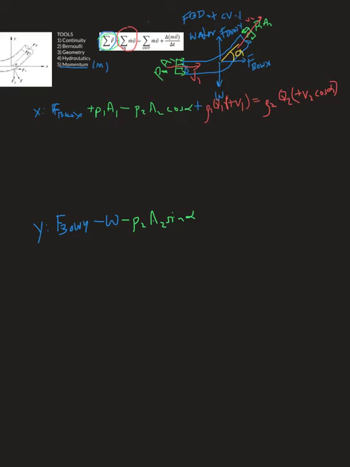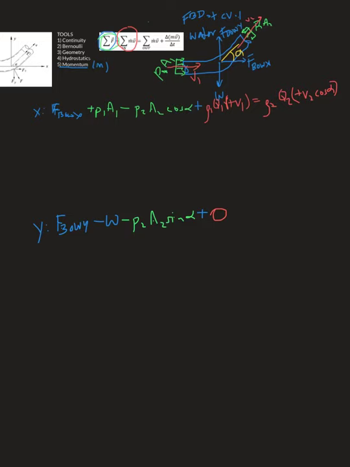Okay, so now we need to do our momentum fluxes. So go ahead and add, and then we'll switch to red. Okay, notice that V1 does not happen in the y direction, so this is a big fat 0.